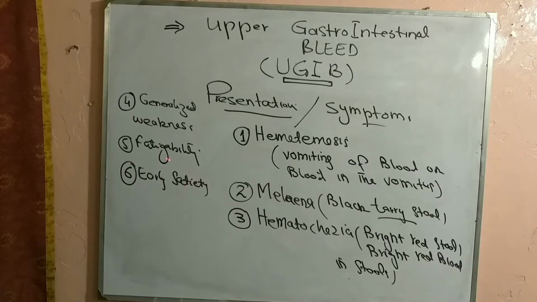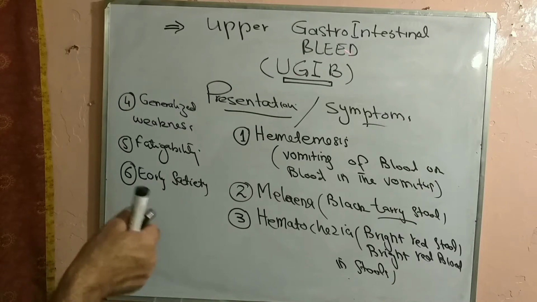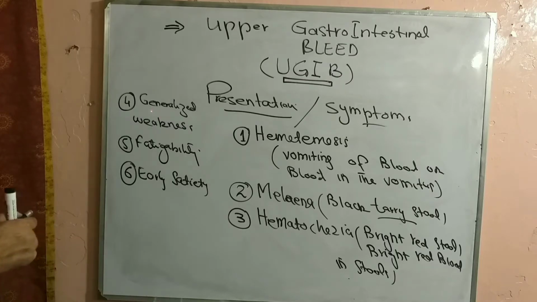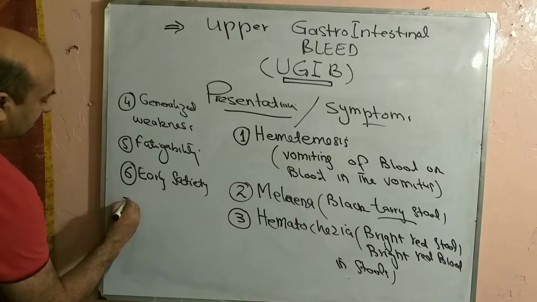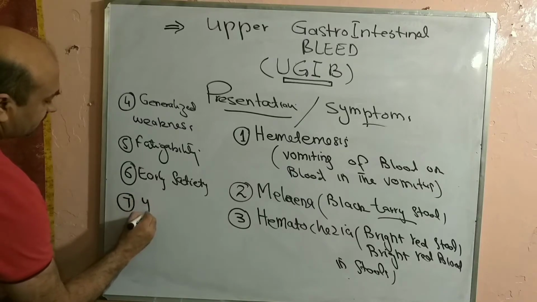People may be having gastritis or something like that, and they do not wish to eat much, so they stop eating at an earlier stage. So if they are having nagging bleeding for a long time, they may develop generalized weakness, fatigability, early satiety. There may be paleness, the yellowness of the skin as a result of the anemia, yellow skin.